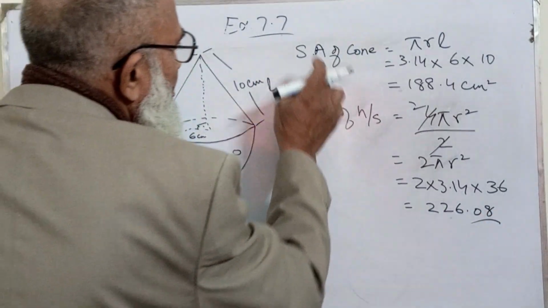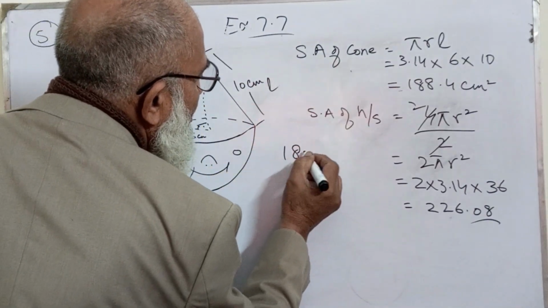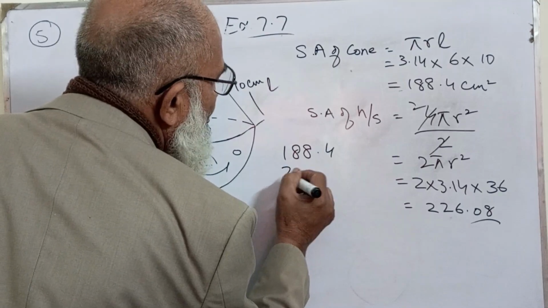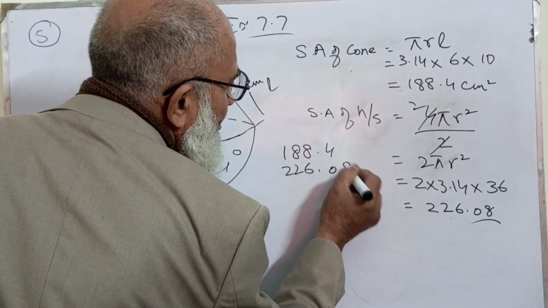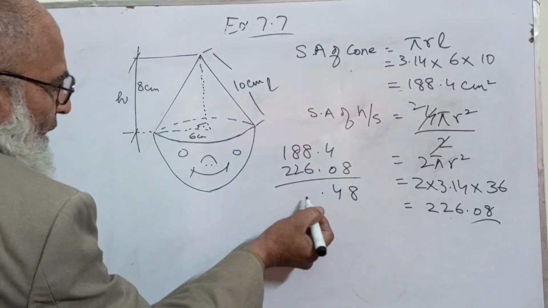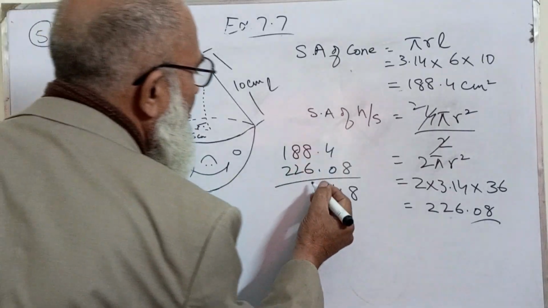Now these two have to be added together, 188.4 and 226.08. It will make 0.5 and then 1 will carry over here.